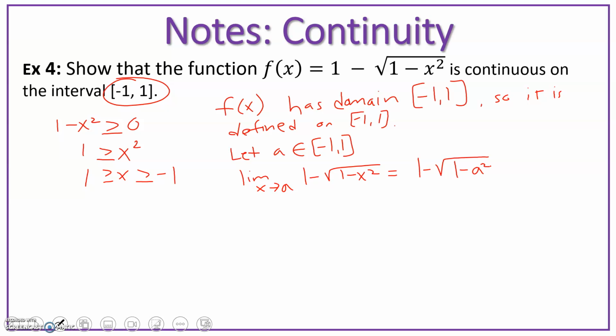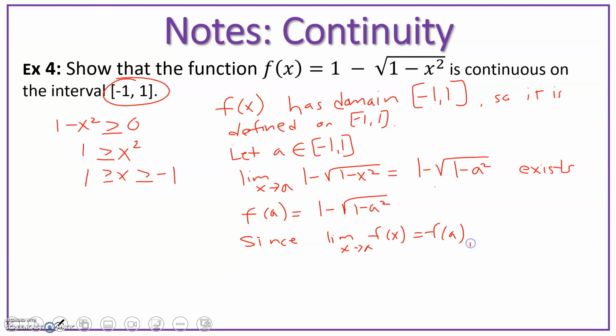Because a is in this interval negative 1 to 1, we know the square root here exists, so we know this exists. We also know that f of a is 1 minus the square root of 1 minus a squared. Note, these are equivalent. So since the limit as x approaches a of f of x equals f of a, f of x is continuous on negative 1 to 1.